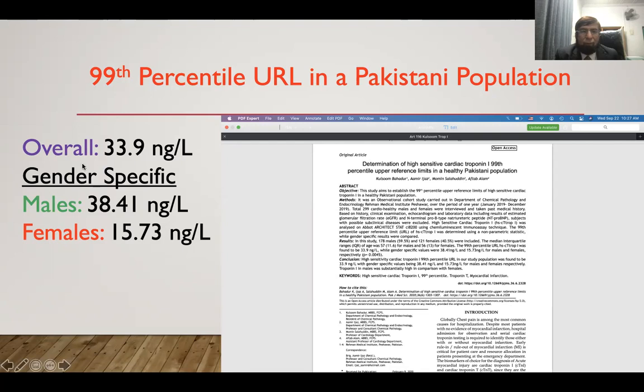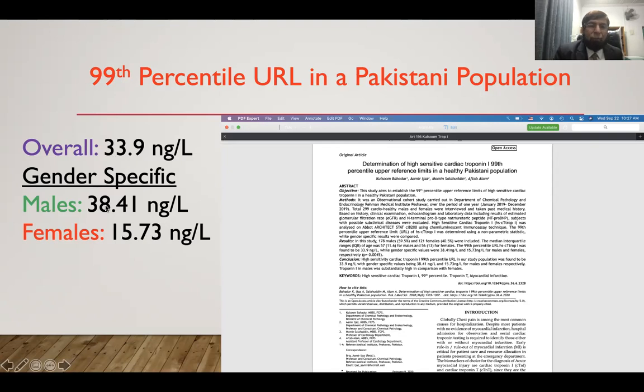She determined that the overall 99th percentile upper reference limit is 33.9, while in males it is 38.41 and in females it is 15.73. You can either use the single value or gender-specific values. Now, you will ask why we have used decimals here, whereas the recommendation is not to use decimals.